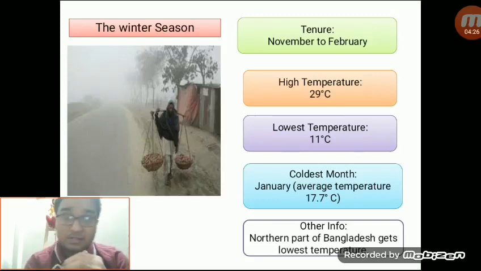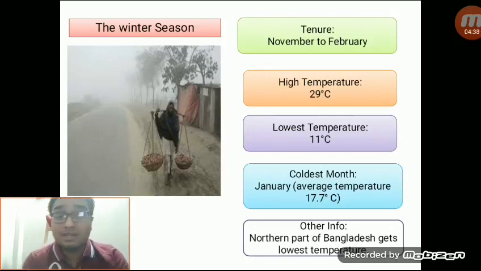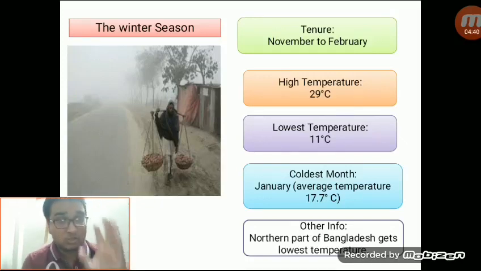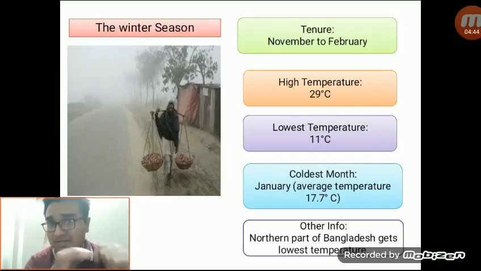The climate of Bangladesh is called an equitable climate, but the northern part of Bangladesh gets the lowest temperature during the winter season. So that's all about the winter season. When you write about the winter season, basically you have to write sentences using these data. Then you will get good marks in your examination.